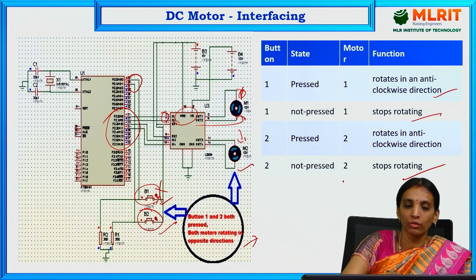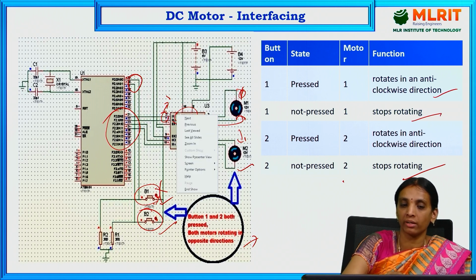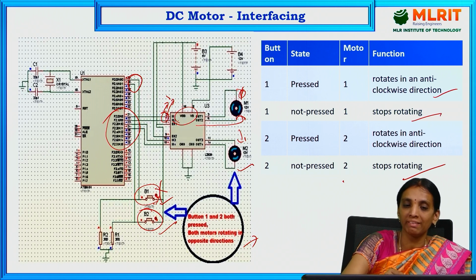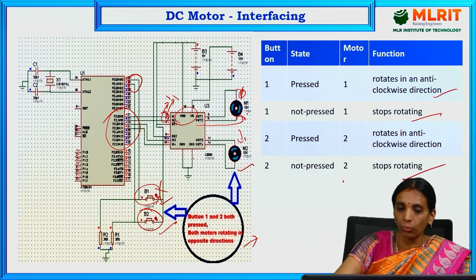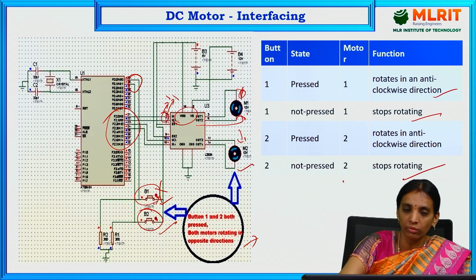That means if pin 2 is enabled, the motor is rotating in the anti-clockwise direction. If the 7th pin is enabled, motor 1 rotates in the clockwise direction. In the same way for motor 2, what are the inputs? Here we have 8 and 0, I think 10 it is.